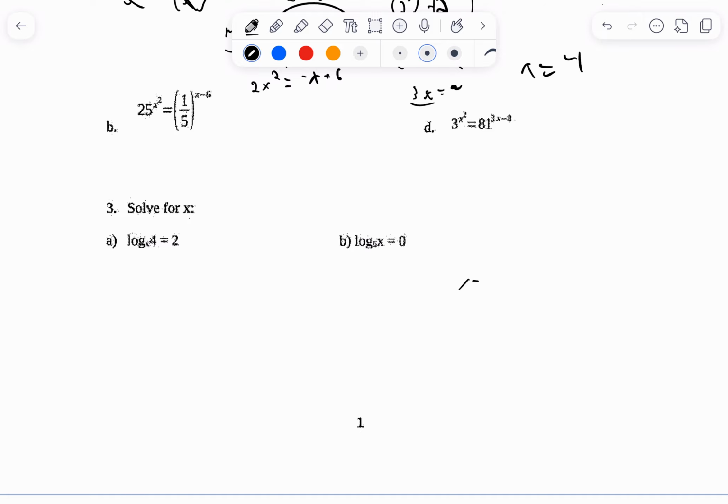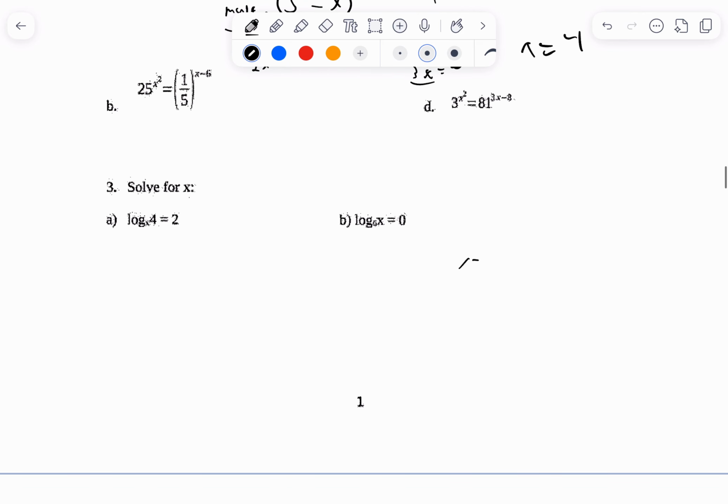Log base 4 of x equals 2. Now for this, when you have to solve for x, think of where you want to put it on the other side. Log base x just means that x is on the bottom, with 4 and 2 as the available exponents.